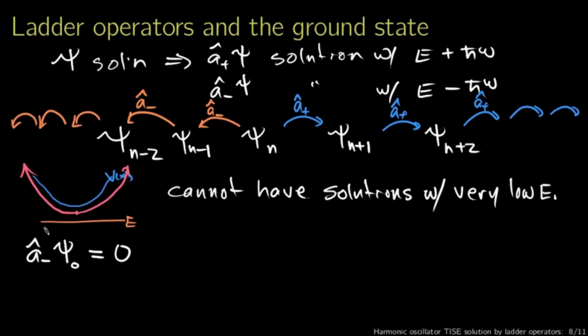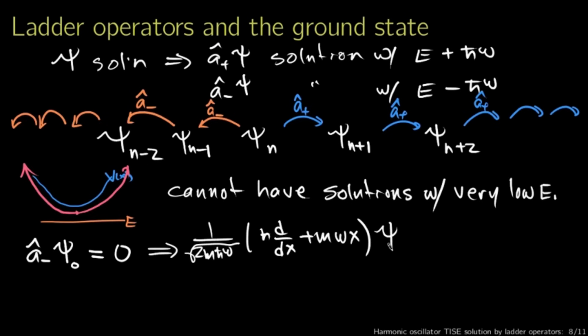We ought to be able to solve this. This is going to be an ordinary differential equation just given by the definition of the ladder operator. The square root of 1 over 2m h bar omega times the momentum operator h bar d by dx plus m omega x, acting on psi sub 0, is equal to 0.